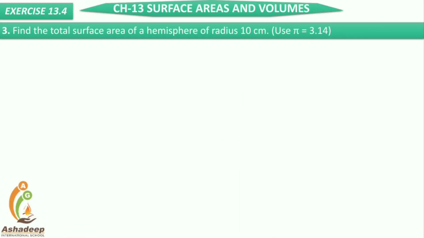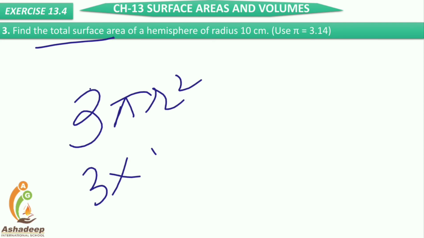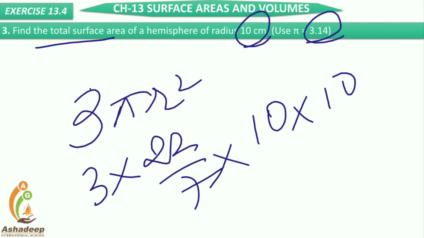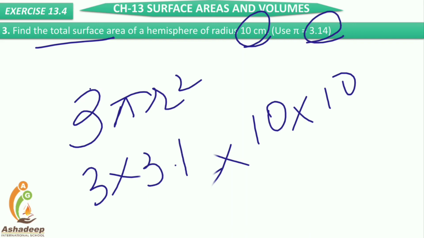Okay, so find out the total surface area of the hemisphere of the radius 10 centimeter. हेमिस्फीयर दिया था, हेमिस्फीयर का टोटल सरफेस एरिया क्या होगा, 3πr². सो 3 × 22/7 × r. तो r कितना दिया है, 10 × 10. लेकिन यहाँ पर पाई की वैल्यू 3.14 दी है, क्या दिया है 3.14. तो यहाँ पर हम लेंगे क्या कि भाई हम लेंगे यहाँ पे 3.14.